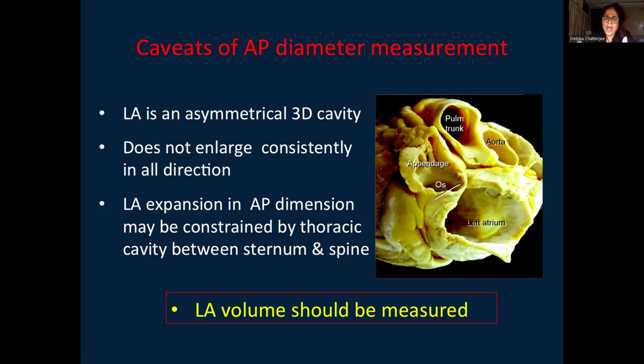So it may happen that we get a normal anteroposterior diameter because the left atrium has enlarged in its superior-inferior direction or medial-to-lateral direction. So anteroposterior diameter cannot be the sole measurement for LA dimension. We need to measure the LA volume.